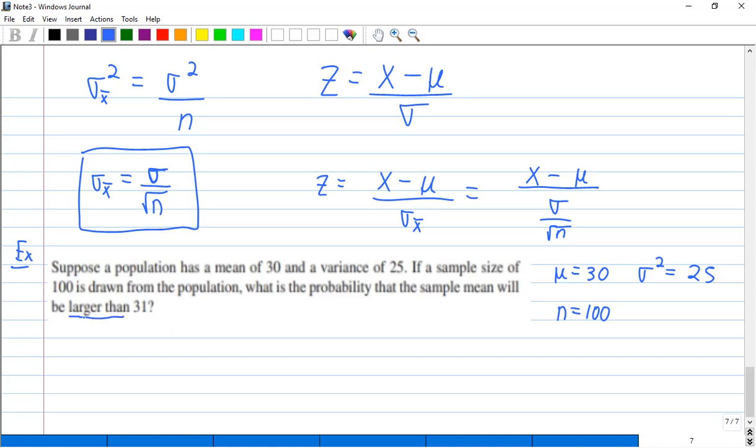So larger than is very important. And we're looking for a probability here. So if we're looking for a probability, we're going to have to use our z-score charts. This is the probability that a sample mean, so that x bar, is greater than 31.